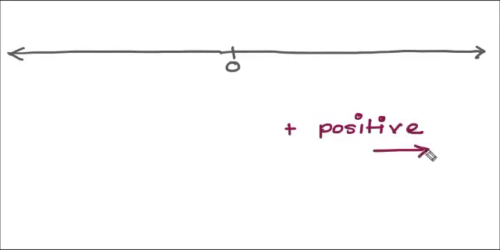In this case, I'm going to put a 0 at the center here. It's 0. Now all the positive numbers would be on the right hand side, while the negative numbers are on the left hand side.